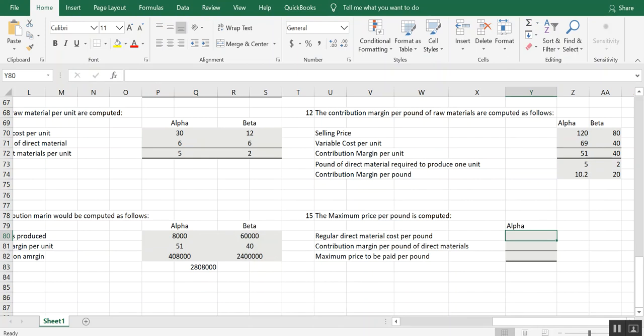Our regular direct material cost per pound is $6. The contribution margin per pound of direct materials is $10.20. So basically, we're going to add those two together and say the maximum price that we want to pay for a pound of raw material would be $16.20. So that's number 15 in this foundational 15 for chapter 12.